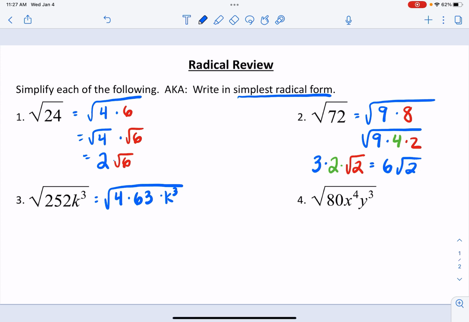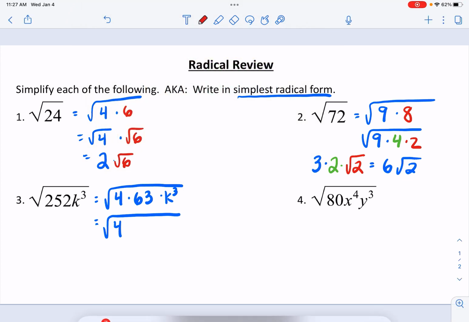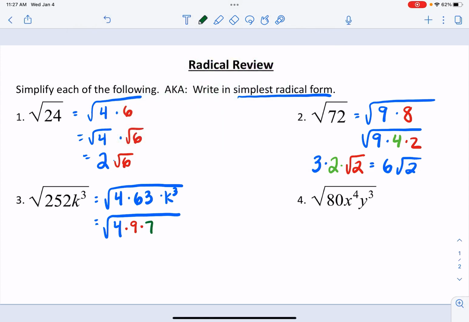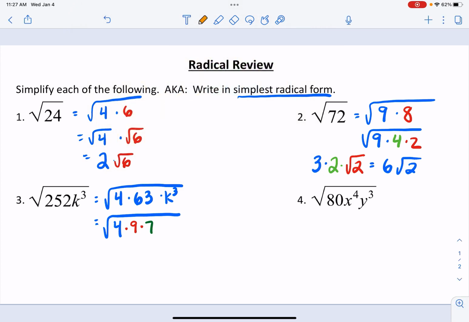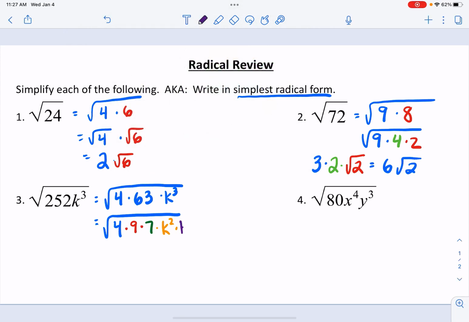Now that 4 is a perfect square, 63 can get broken down even more into 9 times 7. That k cubed, what you want is you want it broken down into powers of 2. So k cubed can get broken down into k squared times k.